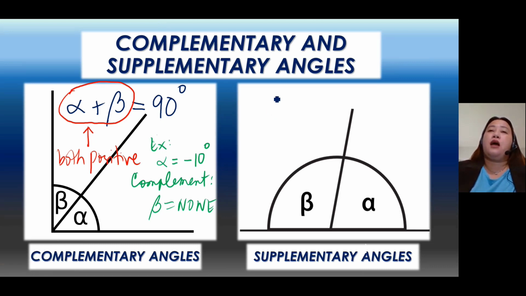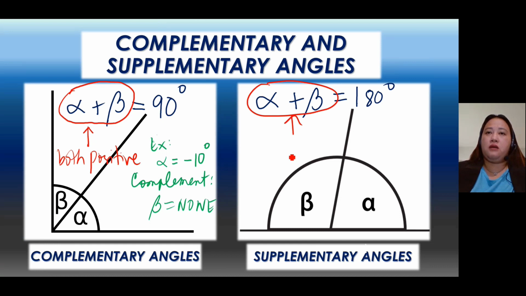So if we have two angles, alpha plus beta, the sum is 180 degrees. You also have to take note that both should be positive. So if one is negative, again, your answer would be none for the supplement.